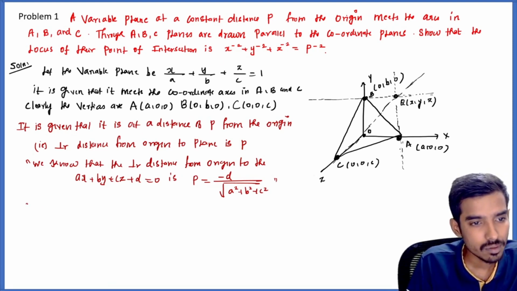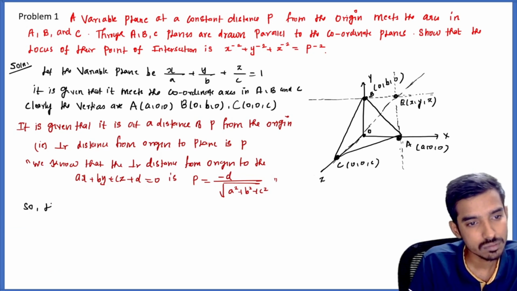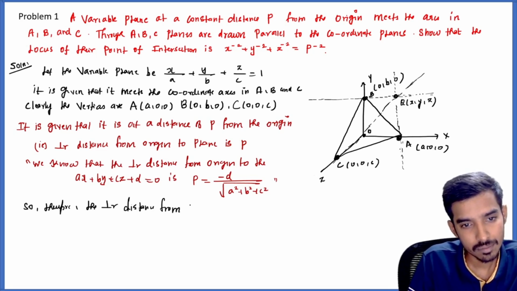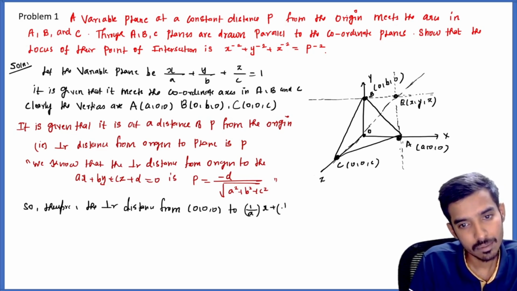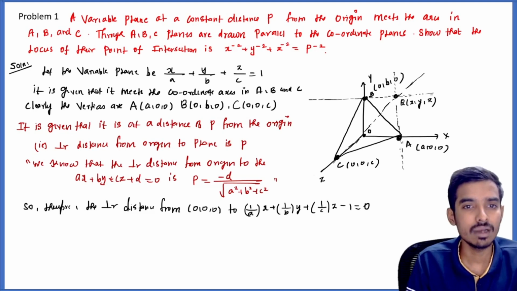So you apply the same concept here. Therefore, the perpendicular distance from the origin to the plane (1 by a)x plus (1 by b)y plus (1 by c)z plus d is equal to 0. This is now the plane, right?